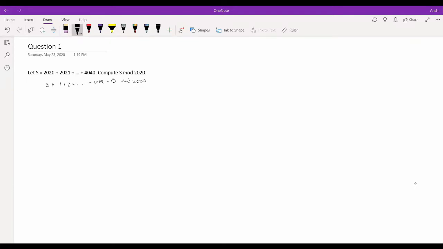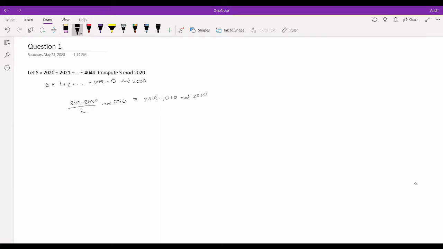If you go back to lecture 1 where we did arithmetic sequences and series, we know that the sum of the first n integers would just be n times n plus 1 over 2. So in this case, it'd be 2019 times 2020 over 2, and we want to find this mod 2020. So this becomes 2019 times 1010 mod 2020.